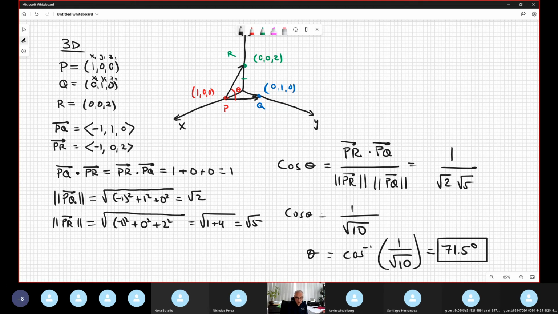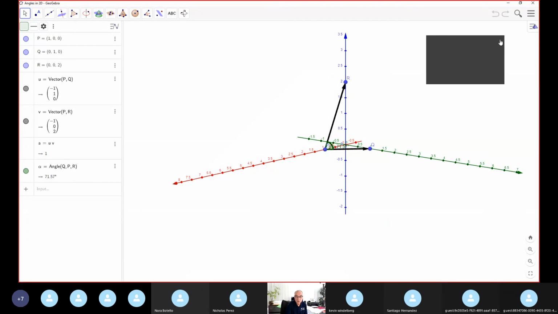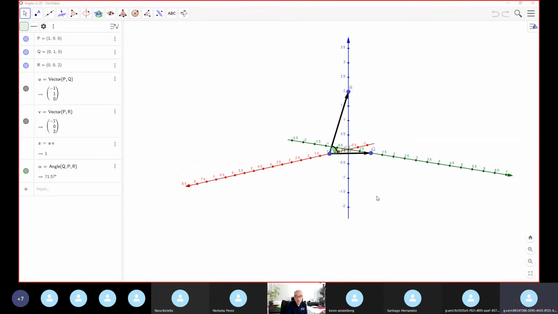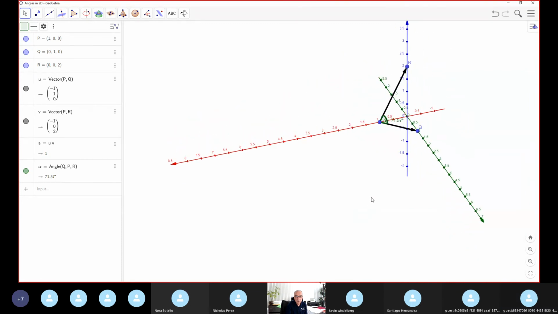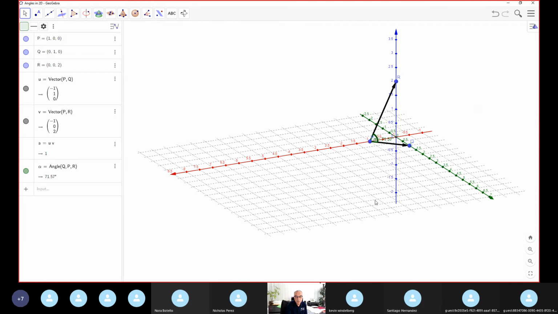Look. Let me share the screen with you. Do you see or no? Yes. Okay, look. You can set the grid to see more clearly if you want.